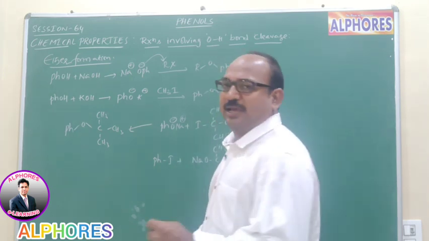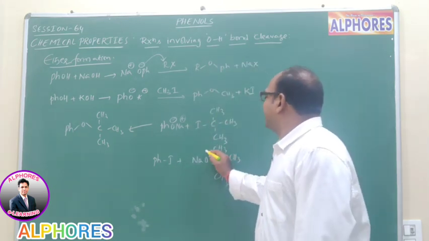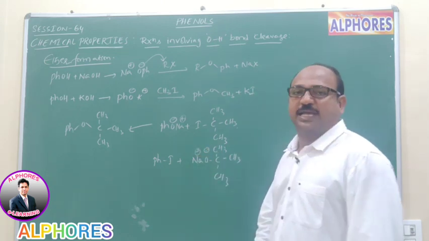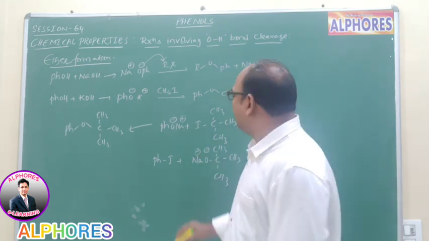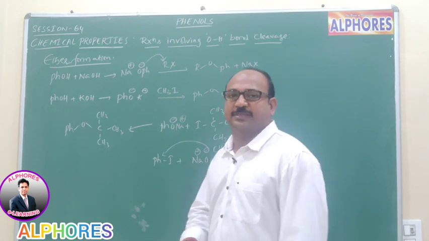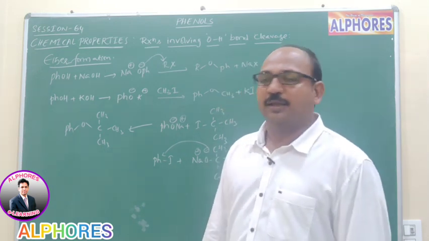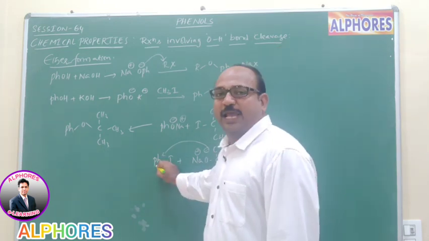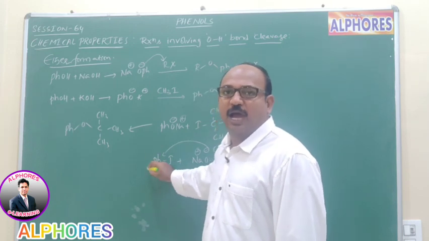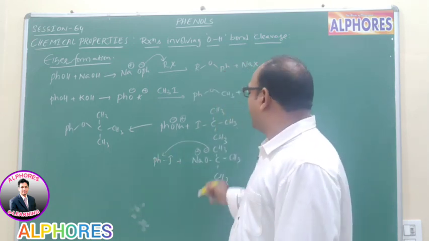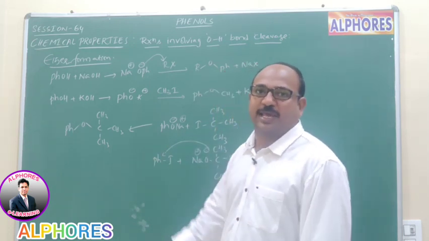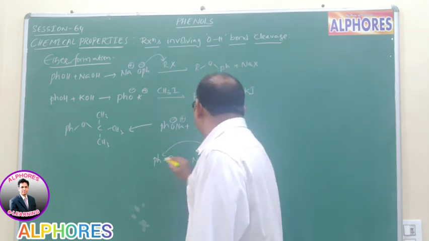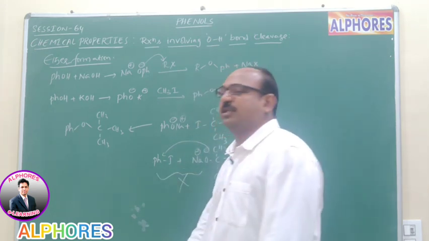So it is very clear. Sodium or potassium tertiary butoxide cannot displace the I minus from iodobenzene. It is not allowed to enter, because the ring is electron rich, and upon an electron rich ring, one more electron rich species cannot attack. That's why this set of reactants is not correct.